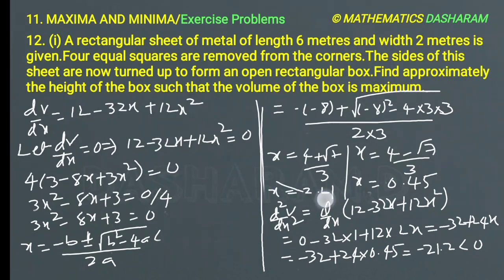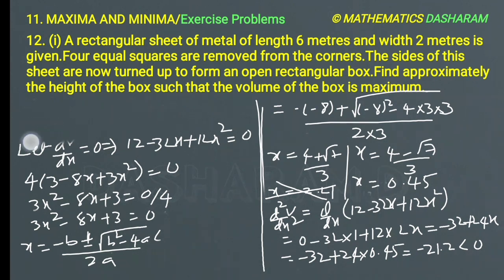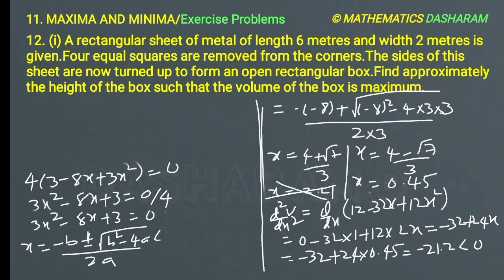So that is why we can ignore the x value 2.21. So therefore the x value is how much? 0.45. X means what? Height of the box only, na? So therefore the height of the box x is approximately 0.45 meters.